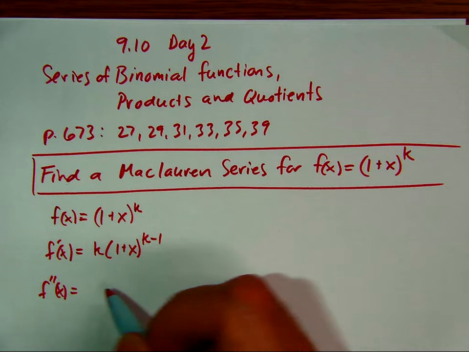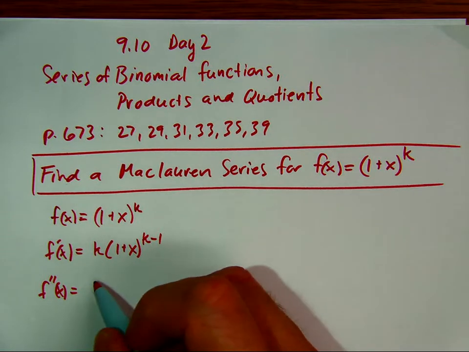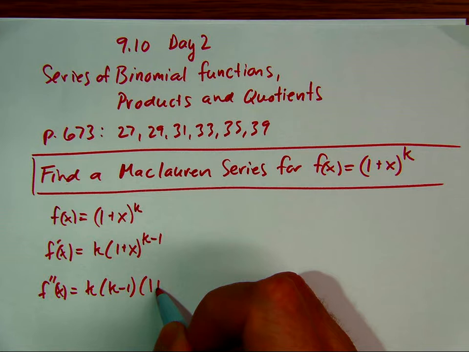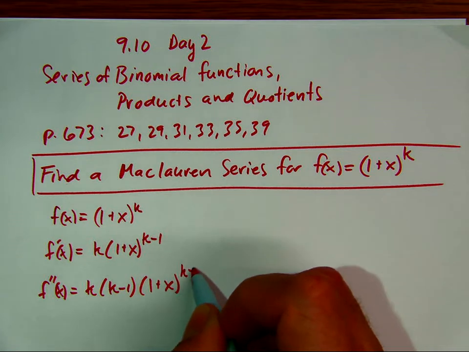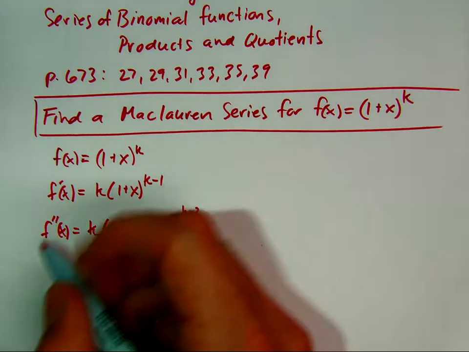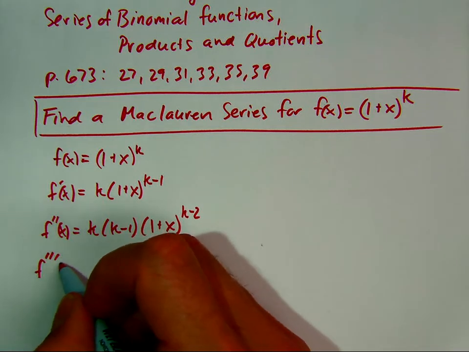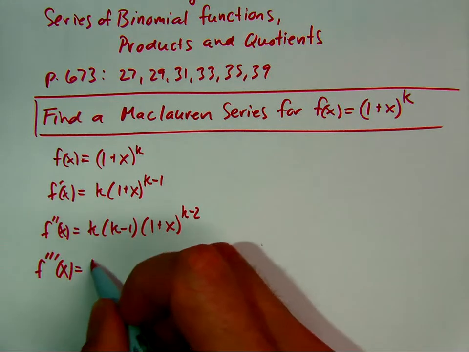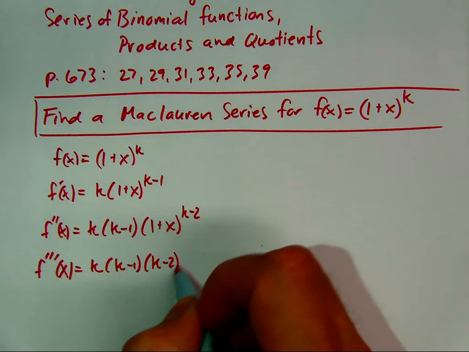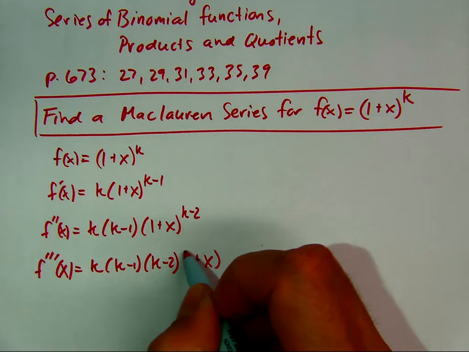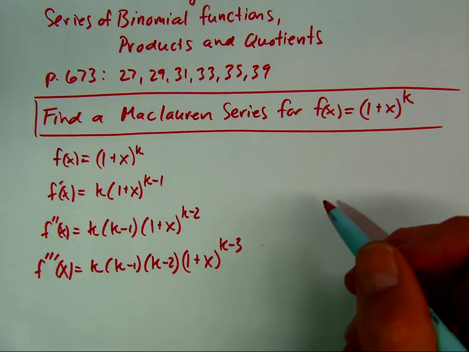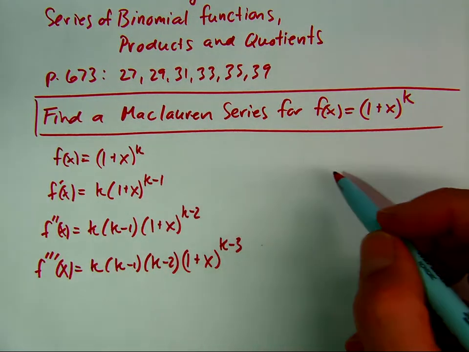And the second derivative is k times k minus 1, times 1 plus x to the k minus 2. Third derivative, and then we need to evaluate all of these at 0.